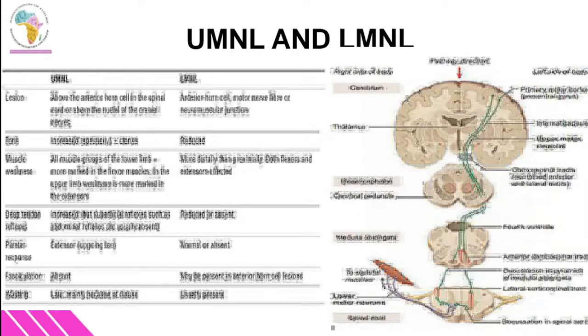So, meaning if there is a lesion, which we know in an upper motor neuron lesion is at the level of the spinal cord, in the medullary region, there will be a cut off of transmission of motor information from the spine.